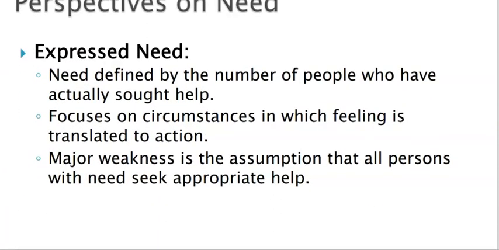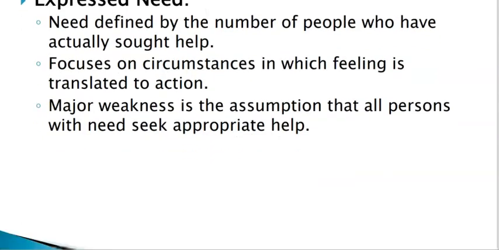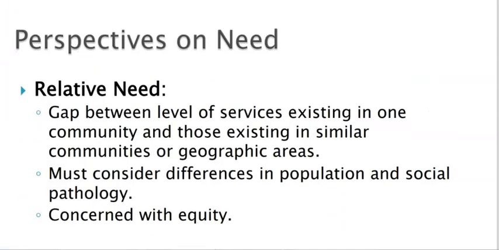Expressed need is defined by the number of people who have actually sought help. So it focuses on circumstances in which feeling is now translated to action. A major weakness is the assumption that all persons that need help will seek that help. Relative need is the gap between level of services existing in one community and those existing in similar communities or geographic areas.